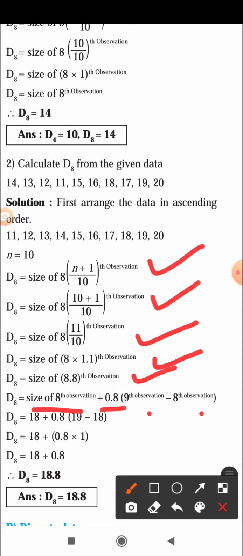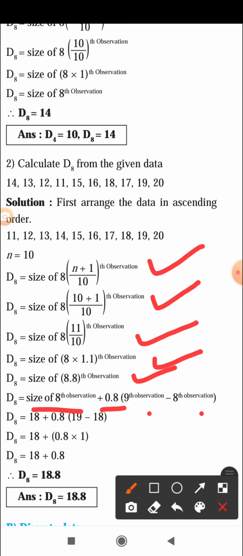Same adjustment we already did while calculating quartiles. The adjustment is the same, but the value is different. 8.8, so 8th observation plus 0.8 into ninth observation minus 8th observation.